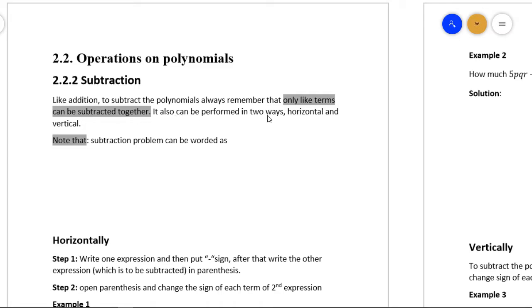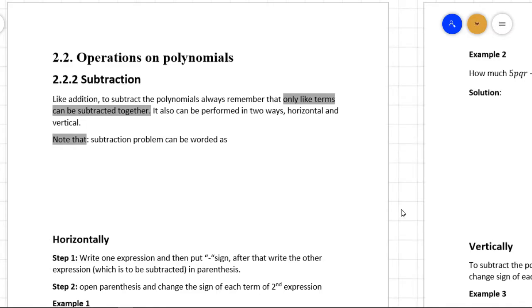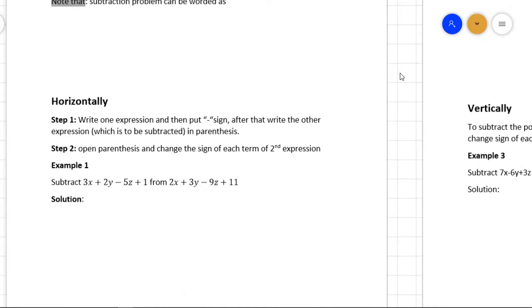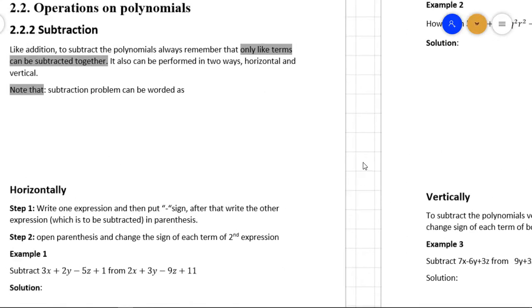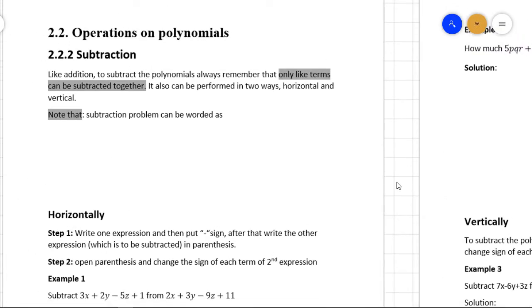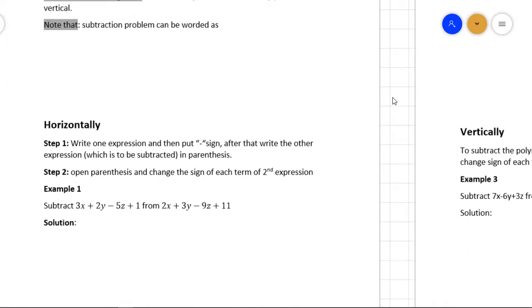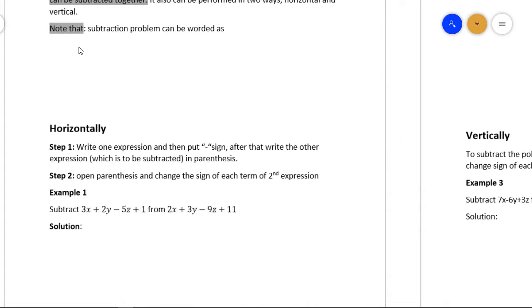It also can be performed in two ways, horizontal and vertical. So we will discuss subtraction horizontally and then vertically, and see examples of how we can subtract polynomials. One thing to note is how a subtraction problem can be worded.